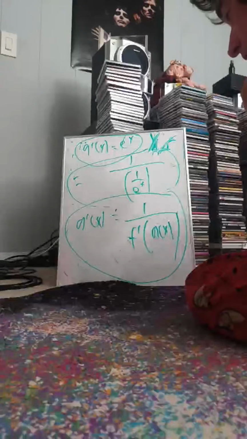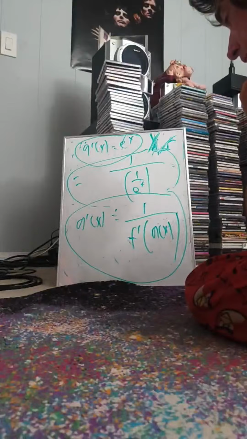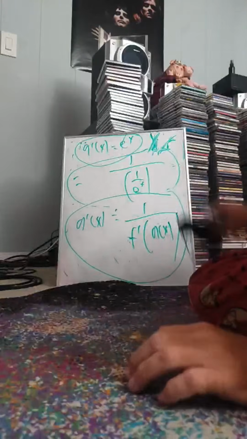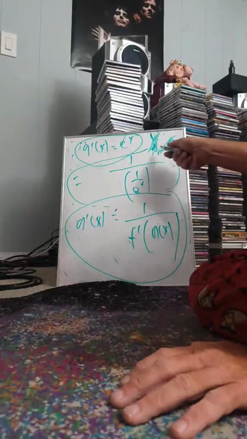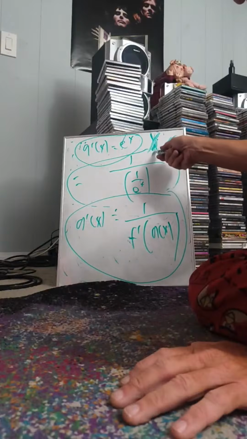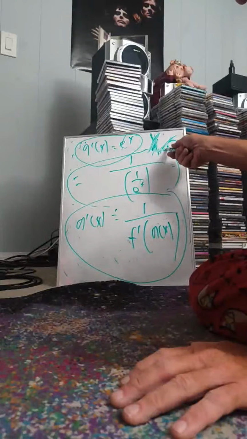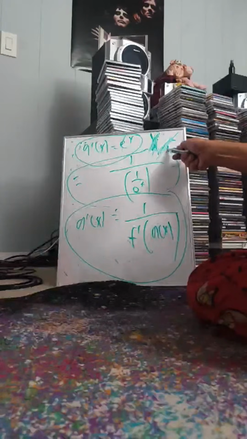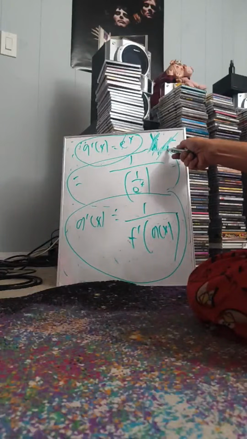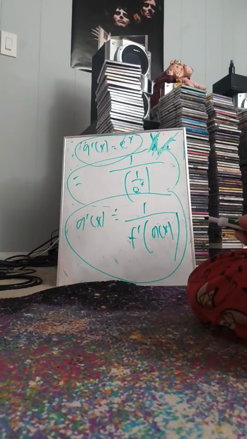That line there's 1 over. So the derivative of g prime of x is 1 over the derivative of this, which is g.